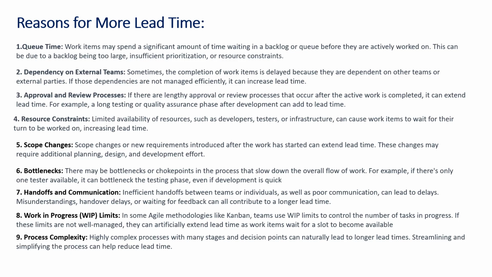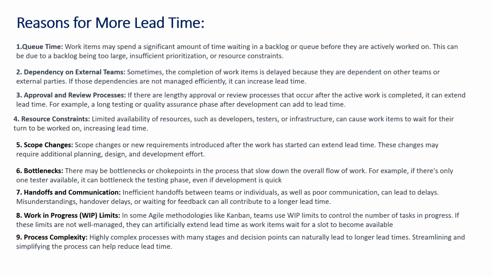Work in progress. If you are aware of the Jira process, in Jira, in the Kanban board or in the Scrum board, the work in progress limit will be there. If you're not able to manage the work in progress limit, a work item never comes to be work in progress until the existing work in progress items have been completed.